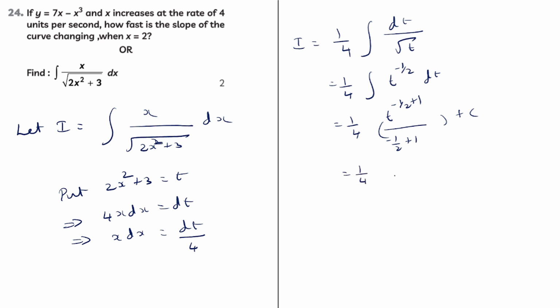So this is 1 by 4 into t raised to half upon half, which is 2 times, plus c. This is equal to half into root of 2x square plus 3, since we took t as 2x square plus 3, plus c. So this is the integral of the given function.